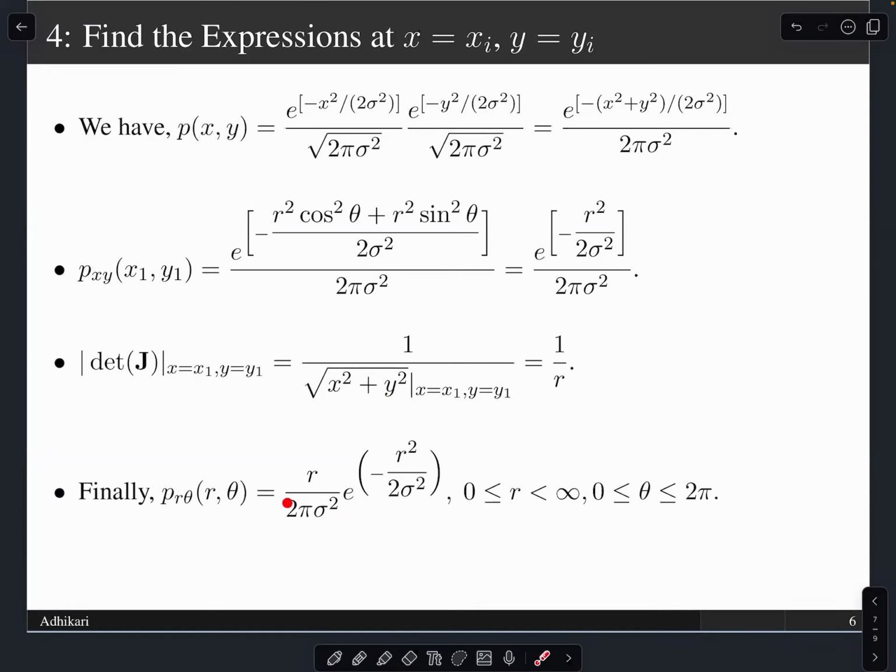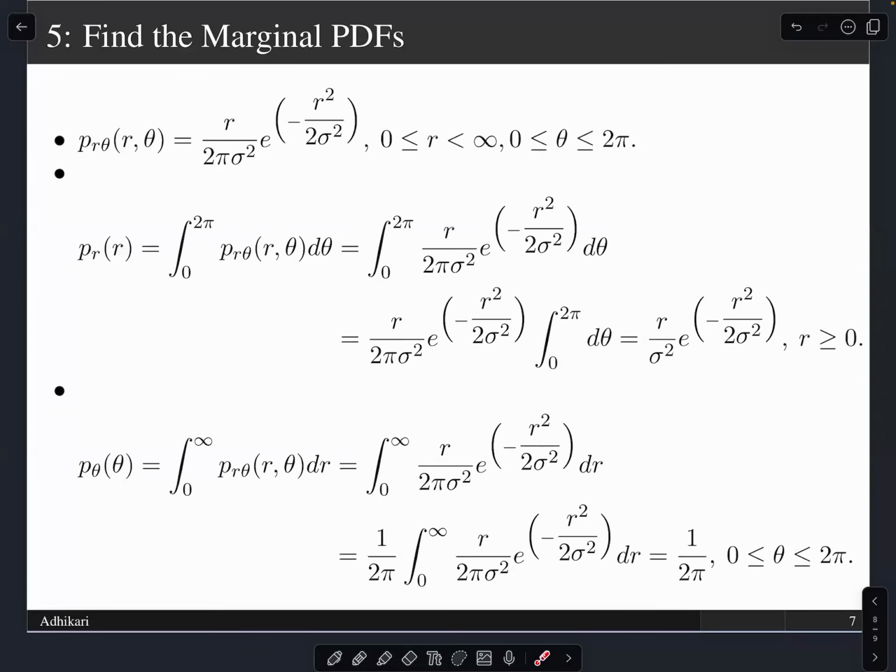Once we have the joint PDF, we can get the marginal PDFs by just integrating out the unwanted variable. So for instance, from this, if we want to get the PDF of just r, we need to integrate out theta. That means we will integrate this over the entire range of theta, that is 0 to 2 pi.